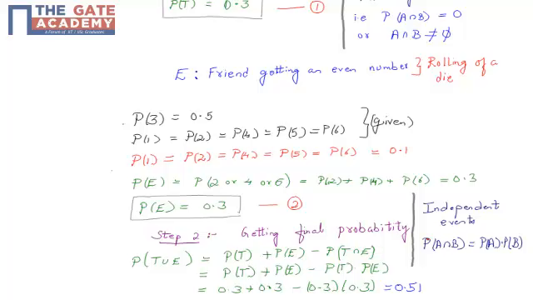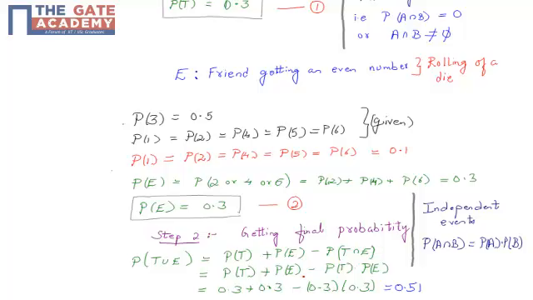Thus, for independent events A and B, we have probability of A intersection B equal to probability of A into probability of B. Thus, probability of T union E is equal to probability of T plus probability of E minus probability of T into probability of E.